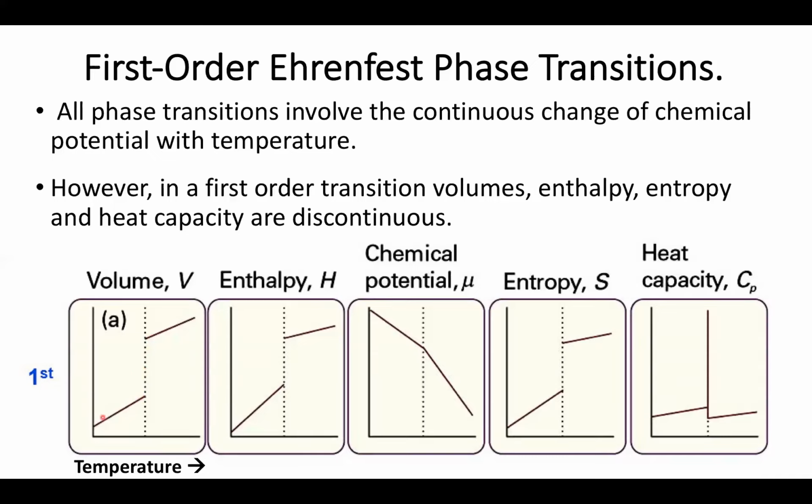So if I go from, say, a solid to a liquid, what we're often finding is a rearrangement of the lattice, which takes time and also involves a change in bonds, thus a change in enthalpy.